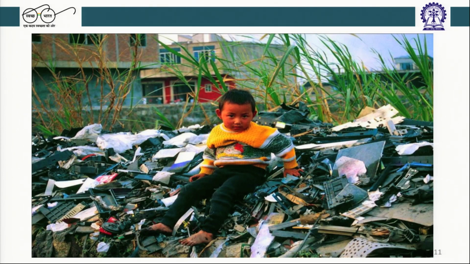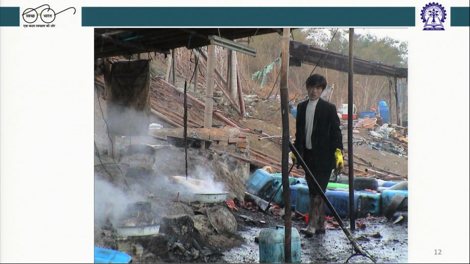In this picture you see a lot of e-waste, and this kid is just sitting on discarded e-waste. The people around there took out whatever valuables they could recover, and then the e-waste is just left to be dumped there.